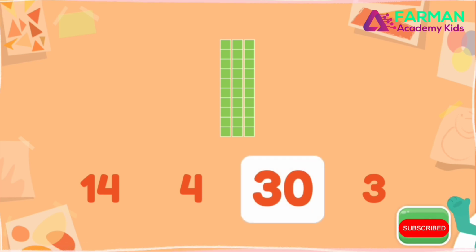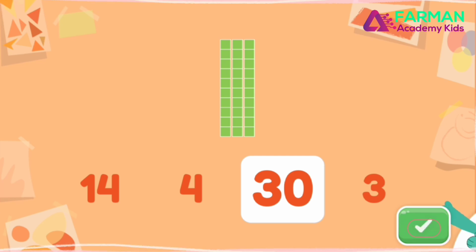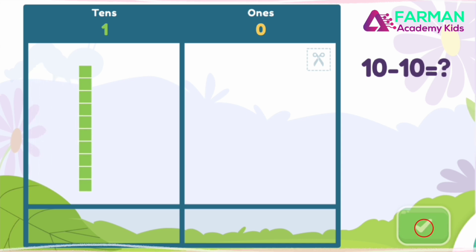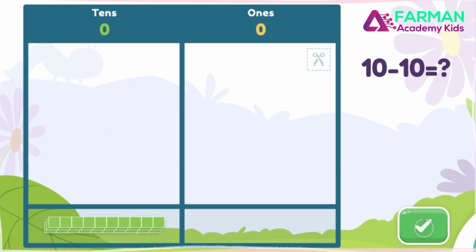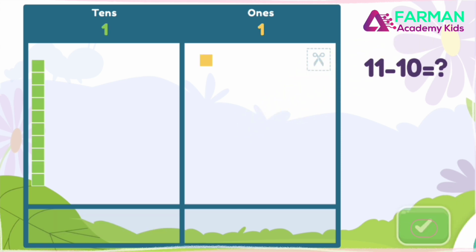How many blocks? You did it! There are 30. There is 10 in the frame. Remove 1 rod to take away 10. Yay! There is nothing left. 10 minus 10 equals 0.